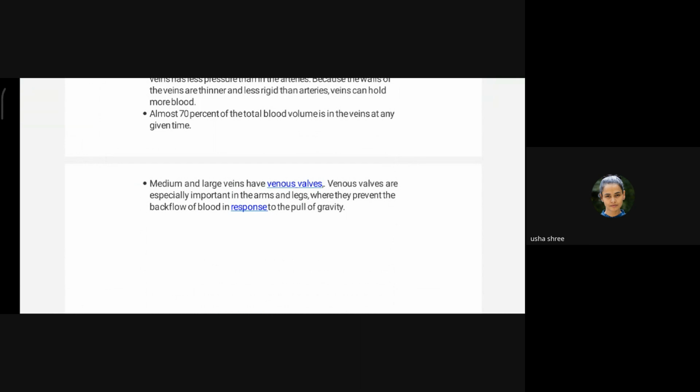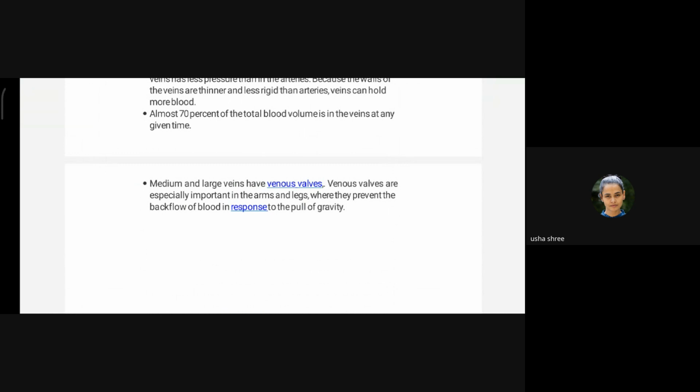So how does the return against gravity happen?